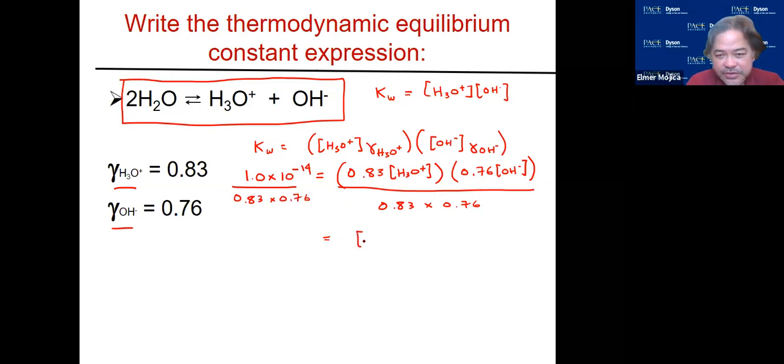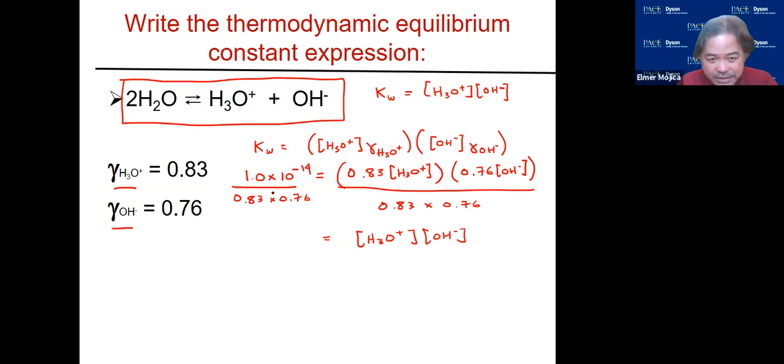So this now becomes the H3O plus times OH minus. And my new K, when I consider the effect of the activity coefficient, will be what? 1.0 times 10 to the negative 14 divided by 0.83 times 0.76. What do you get?